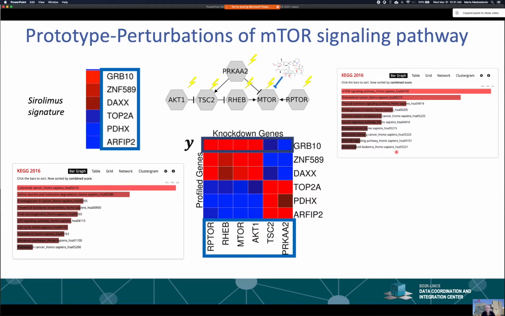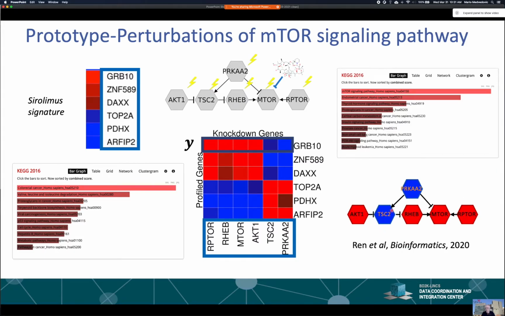So in this case, this works magically, right? We go from not having a clue about the origin, the initiating event, for sirolimus effect, to basically pinpoint immediately the signaling pathway that is affected by sirolimus.